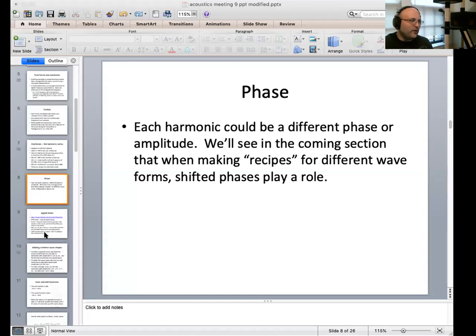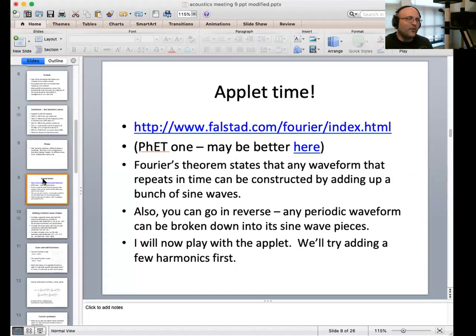Okay, so back to these. Now this is normally where it's applet time. I've made it available to all the instructors of the class. I know Professor Nasser shows the same one.